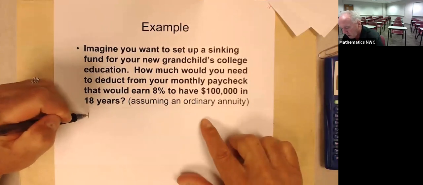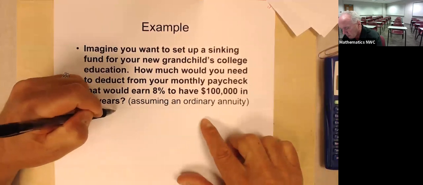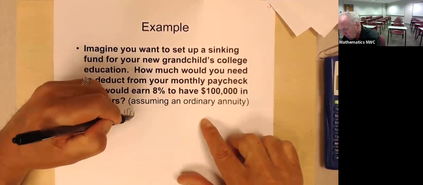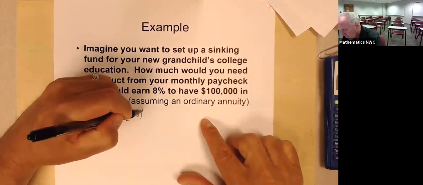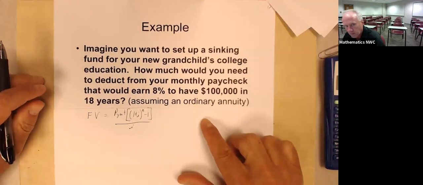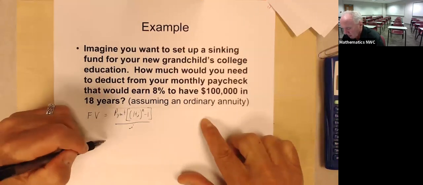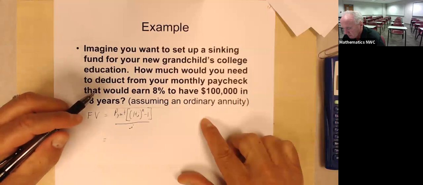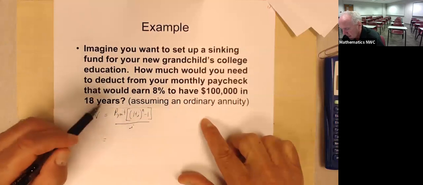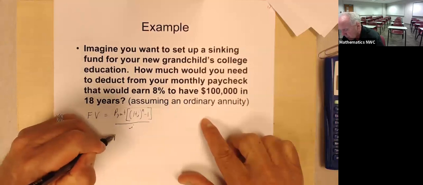Well, ordinary annuity, here's your formula again, same old, we've been using it all day. Notice though, how much would I need to deduct from my monthly paycheck? That means I don't know this payment amount.